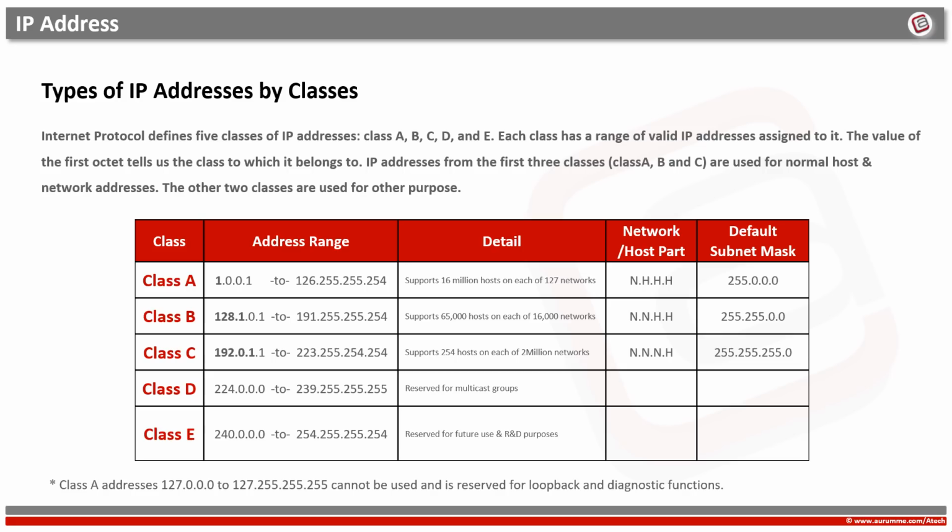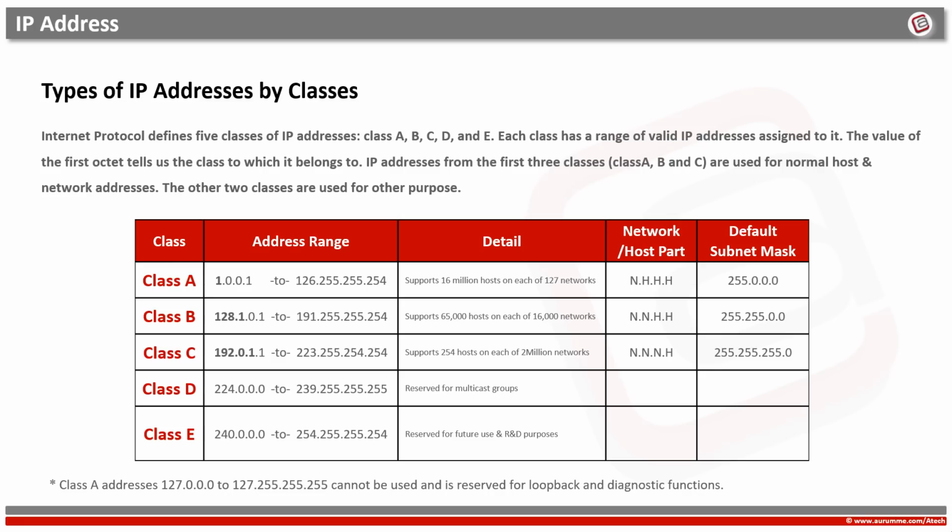Same in class A, which supports more hosts and fewer networks. It supports 16 million hosts on each of the 127 networks. Same is for class C, which has 254 hosts on each of the 2 million networks.